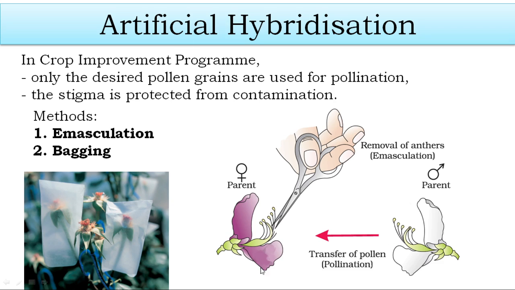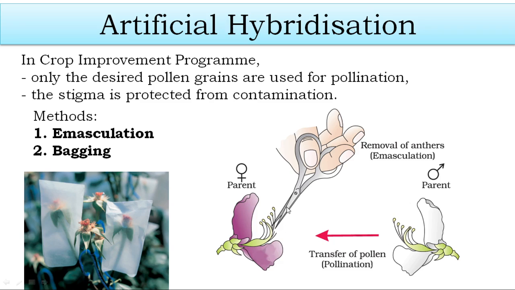Now during artificial hybridization, first you need to decide which one you want to keep as a male parent and which one you want to keep as a female parent. After deciding that you want to keep this plant as the female parent and this plant as the male parent, first you need to remove all the anthers from the female parent.